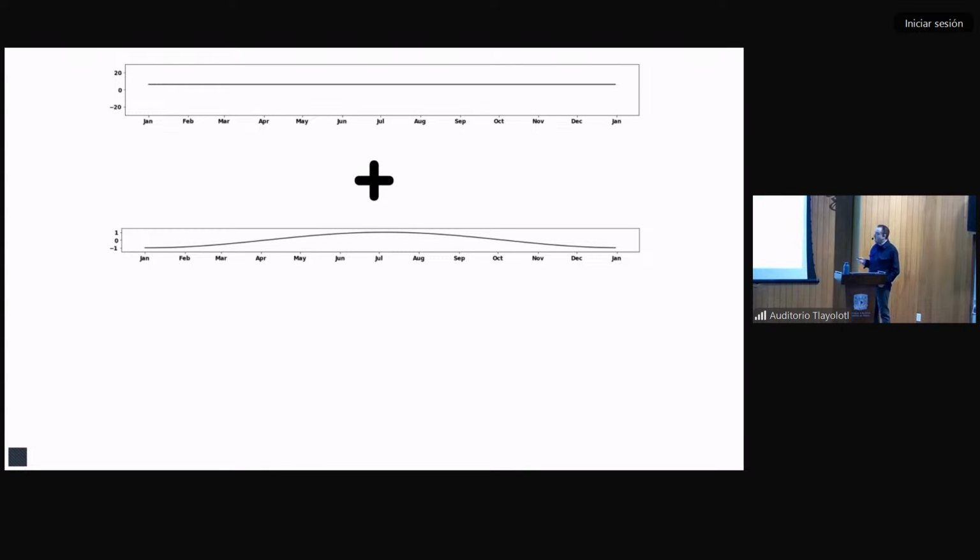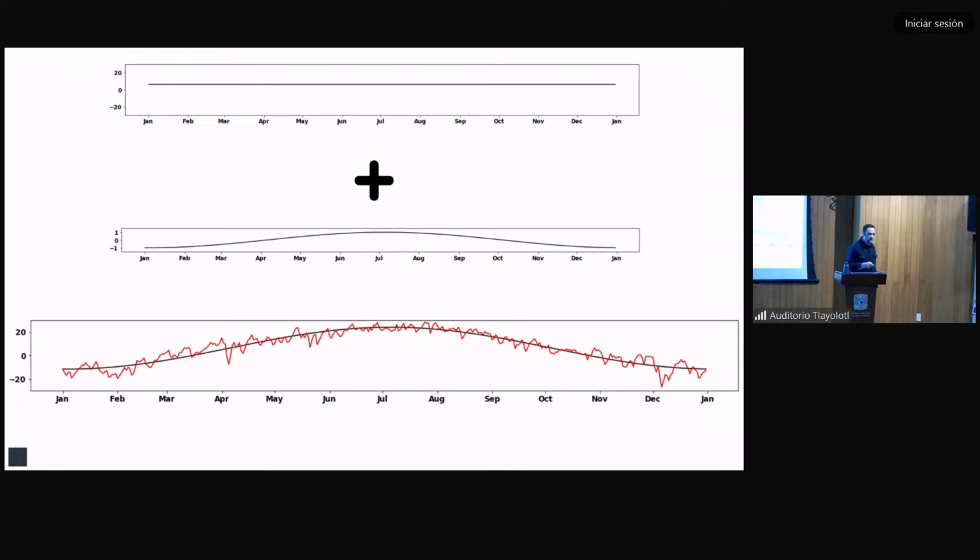So if we have this mean value associated with the energy balance, and we have the seasonal cycle, and we add these two lines together, we have a way better explanation of the original time series, but we still have some oscillations about that smooth line.